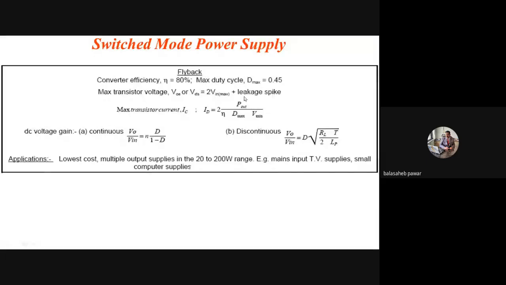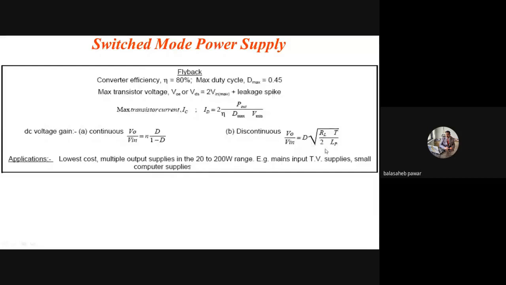Okay. Maximum transistor current can be determined by using this equation, IC, collector current or drain current, if it is BJT or MOSFET. It equals twice the output power divided by eta into maximum duty cycle into V min. Okay. Then DC voltage gain, if it is in continuous mode, then that gain is eta times D by 1 minus D. And if it is in discontinuous mode, then the AC voltage gain can be determined by using the given formula.